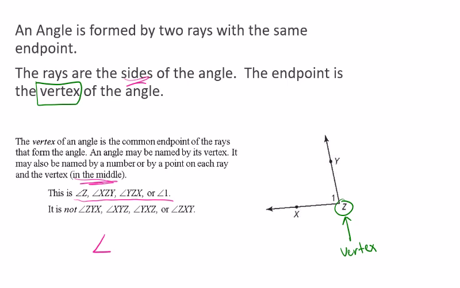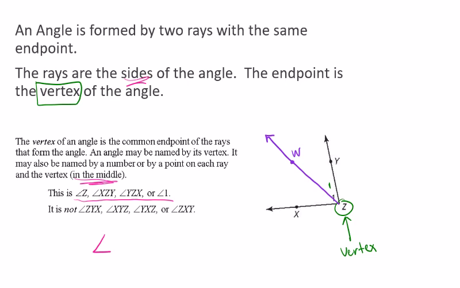The reason that's helpful is because, let's say I have another ray come in here that's W. That has a point W, so ray ZW. If I put a 1 in here, I could put it here and make it a little more obvious that I'm talking about YZW, but how would I know if it was our original angle XZY?